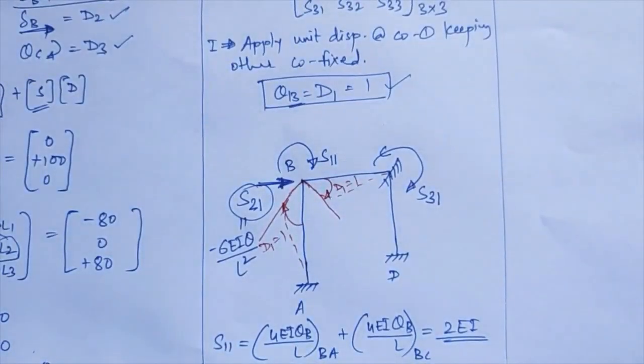So if you refer to that note properly, you will get S21 as minus 6EIθ upon L square, where θ is equal to 1.